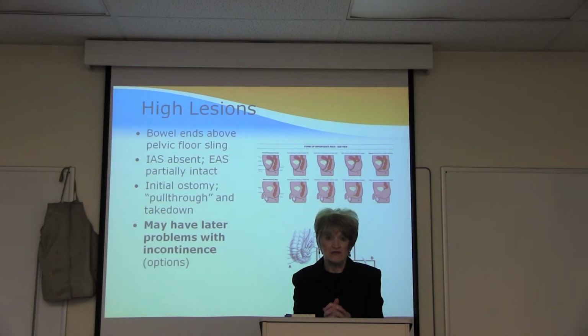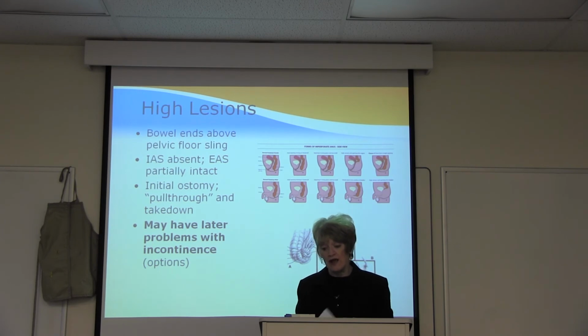We want them to form extremely regular stool elimination patterns because that's their best bet for long-term continence. We want to teach them to use their external sphincter to control stool elimination. But we know that they are higher risk for incontinence because they do not have all of the control structures that children with a low or intermediate level lesion have.